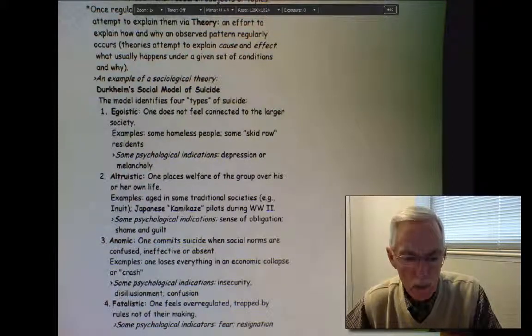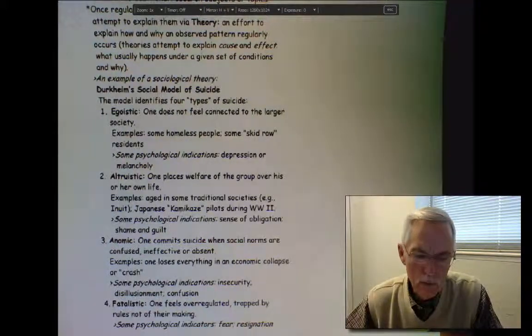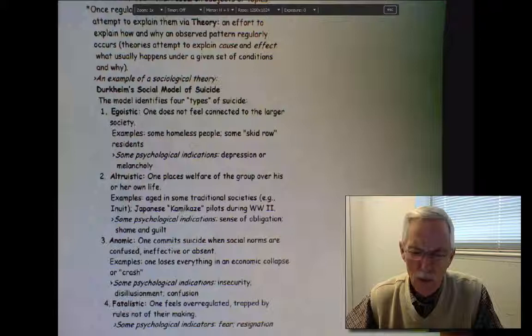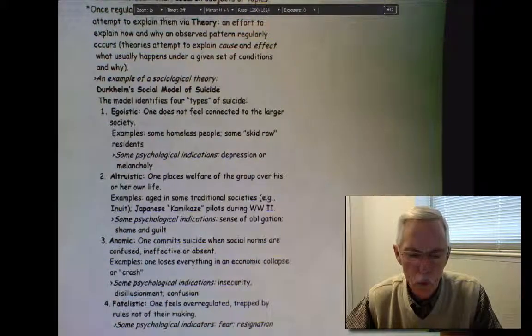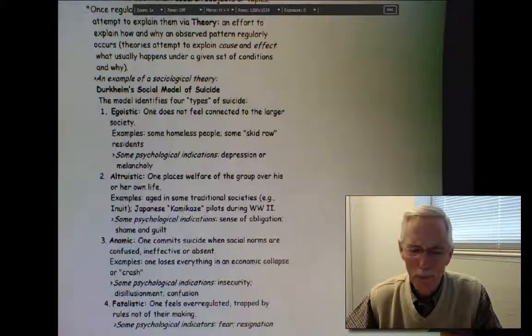During the time that he completed his research in the late 19th century in France, the assumption, the thinking was that if anybody commits suicide, it's the result of psychological problems or disorders. That kind of thinking is still around today. You got to be crazy to commit suicide.